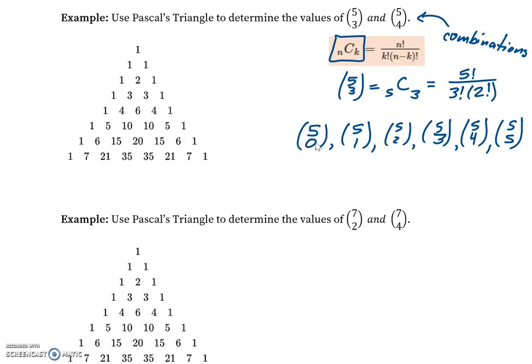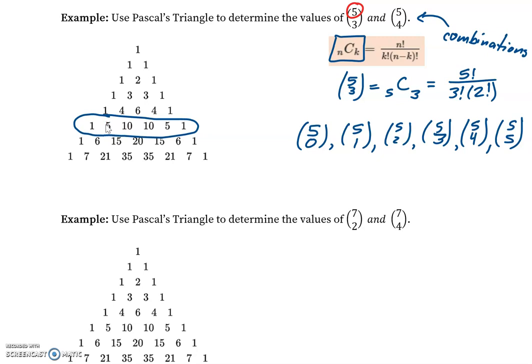So is there a row in here that has 6 numbers in it? Yes, it's this one. And in fact, we see that 5 is the second number in that row. So if we see 5 on the top, we're going to use the row that essentially starts with 5, right? They all start with 1, but as far as numbers that are not 1, it starts with a 5 here.